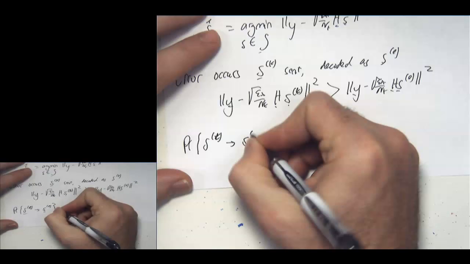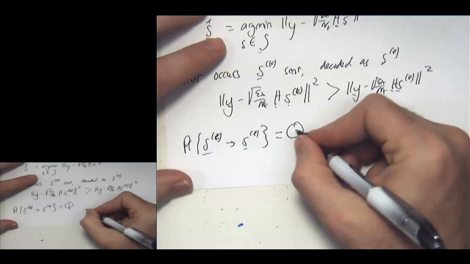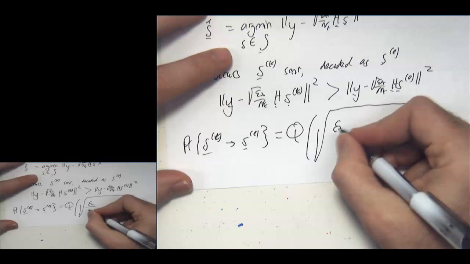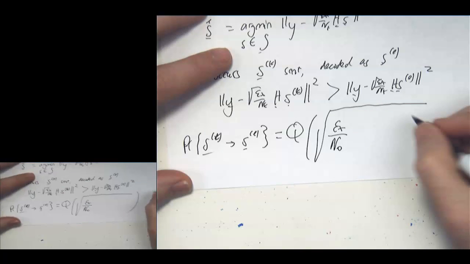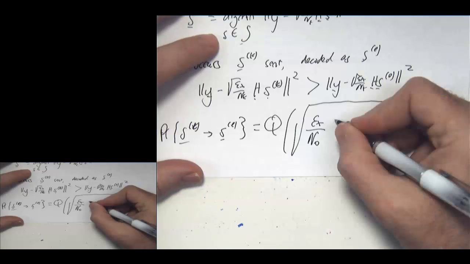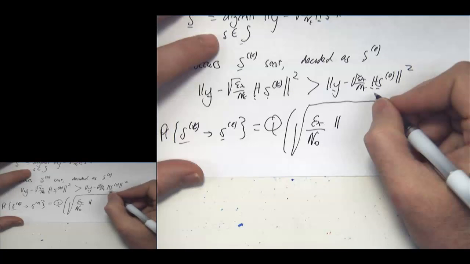So this pairwise error probability is equal to Q of the square root of, we have the same thing as before, Ex over N naught. And here's the new piece that I'm struggling to explain without explaining a lot more. Effectively, we need to look at the distance between these two constellation points, just like we did in the scalar case.